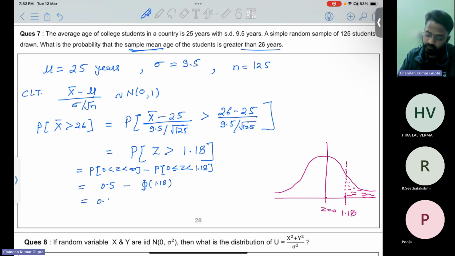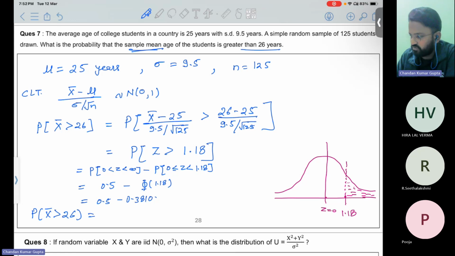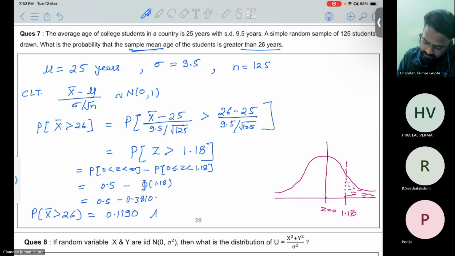And with the help of the normal table, you will find the value of this is 0.3810. So the probability that x bar is greater than 26 is nothing but 0.1190. Okay, simple probability question.